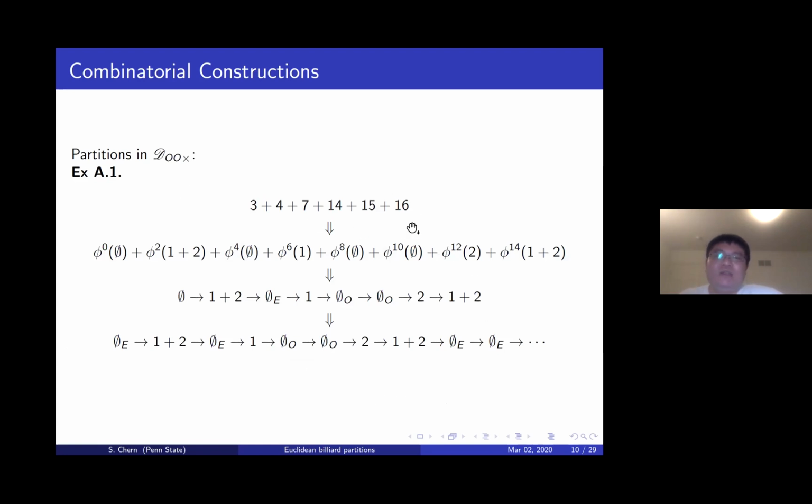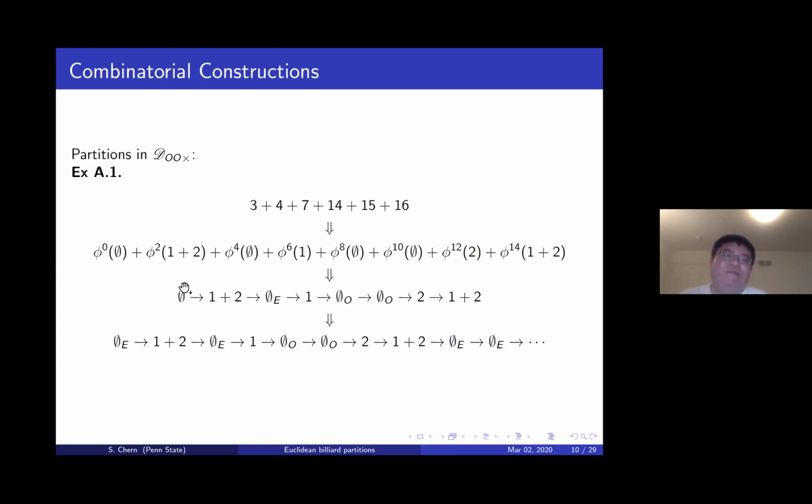So let's still use the example 3 plus 4 plus 7, 14, 15, and 16. And we can see that this partition is in the partition set D sub O cross. And of course, we have transformed this partition into this chain as before. So we have empty, 1 plus 2, empty sub E, 1, empty sub O, etc. And now the only thing we need to change is the first one.